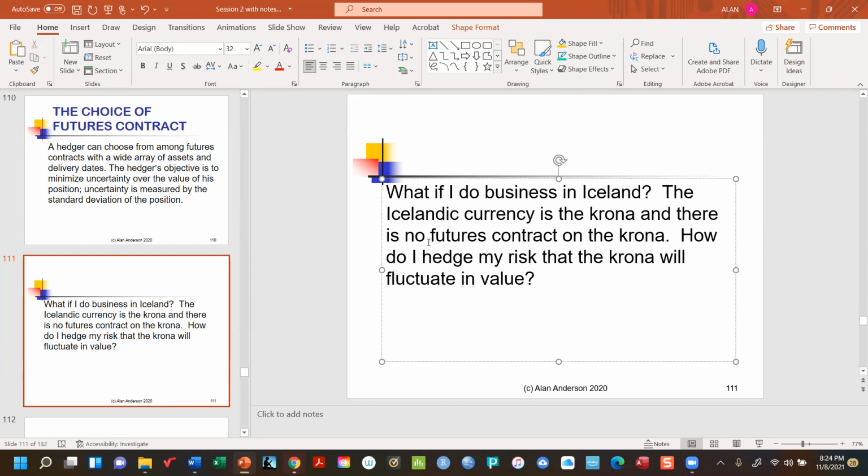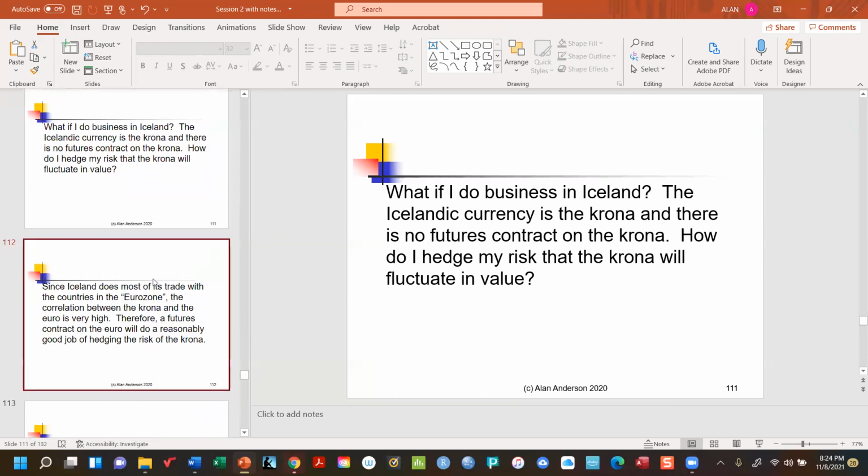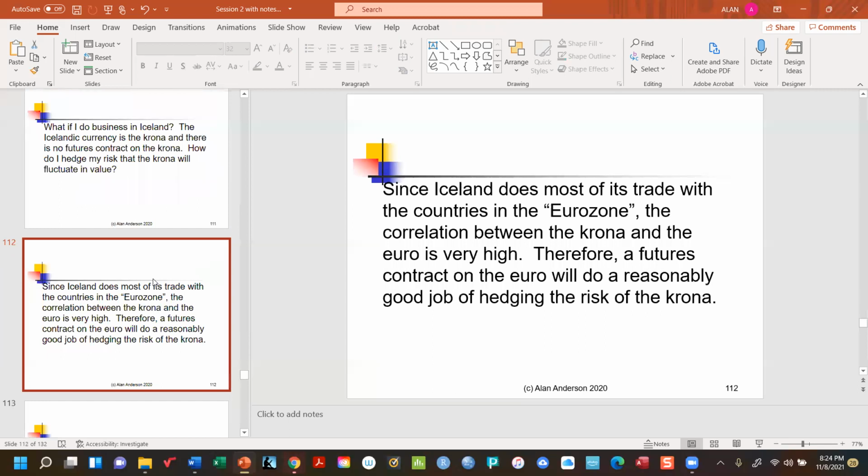Well, I could find a futures contract on a currency that is highly correlated with the krona, such as the euro. Now, Iceland does most of its trade with the euro area, so the correlation between the krona and the euro is very high.